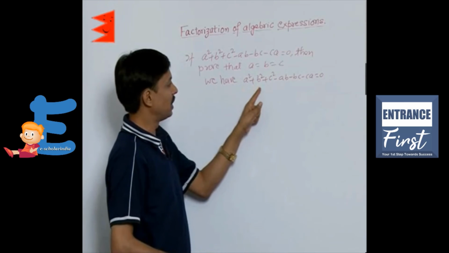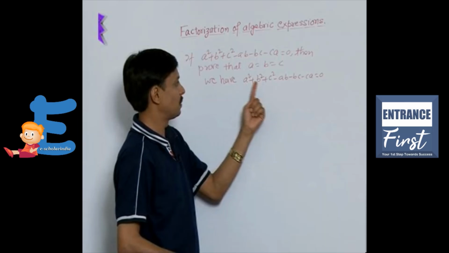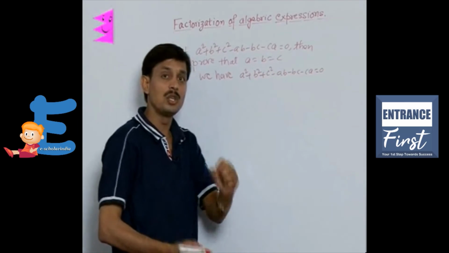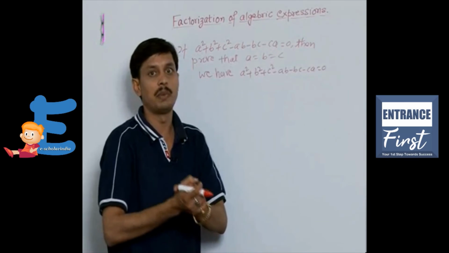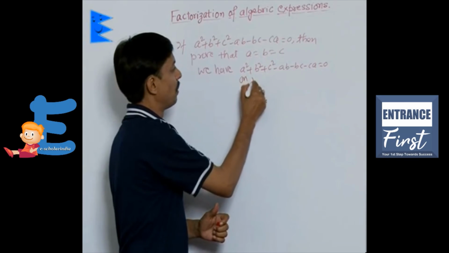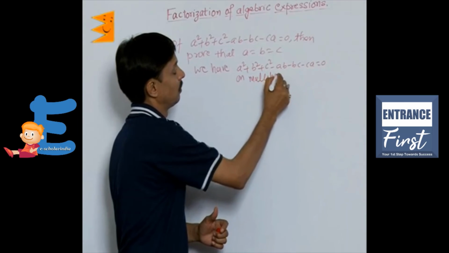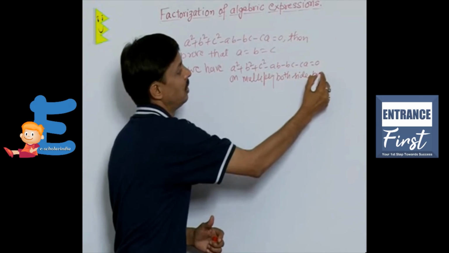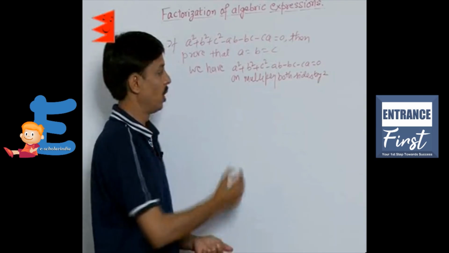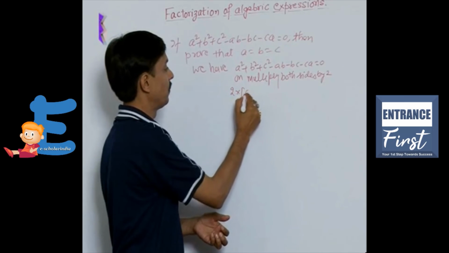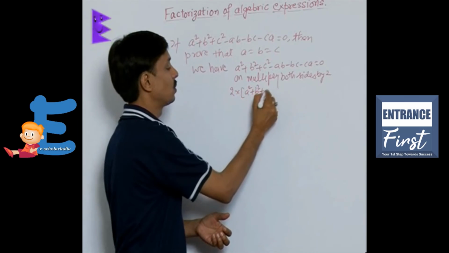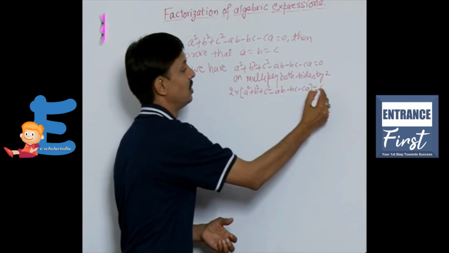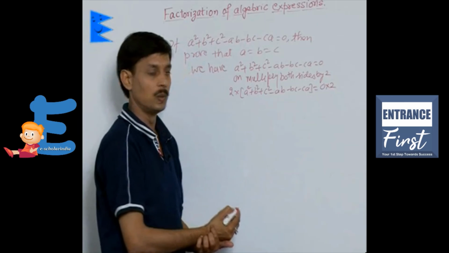Now, if I multiply both sides by the number 2, this will be twice of a square plus b square plus c square minus ab minus bc minus ca is equal to 0 into 2.